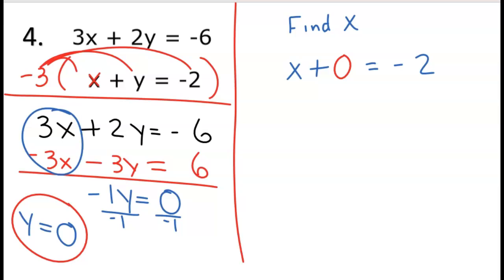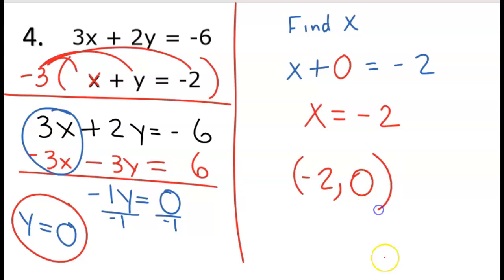What's x plus 0? Anything plus 0 is the anything. Make sure that when you write your answer down, your answer is in x, y order. 0 is a perfectly good number. It is part of our answer in this problem.